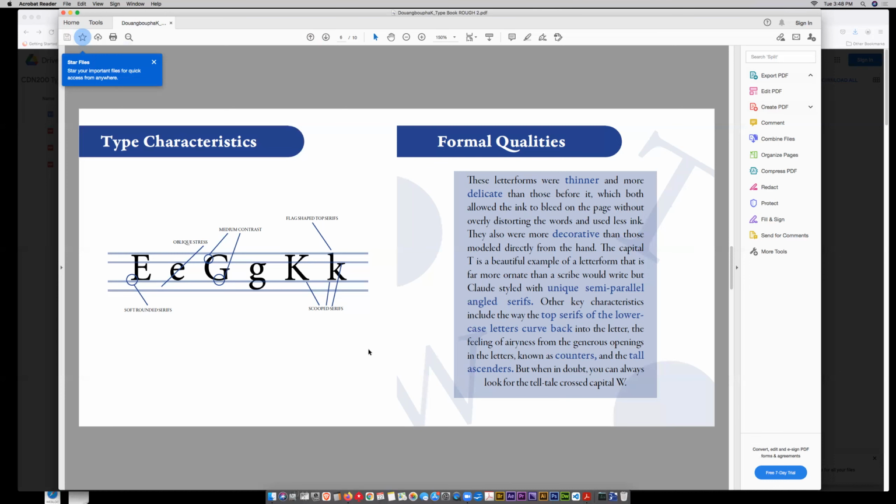Other key characteristics include the way the top serifs on the lowercase letters curve back into the letter, the feeling of airiness from the generous openings in the letters known as counters, and the tall ascenders. But when in doubt, you can always look for the telltale crossed capital W. That's usually the giveaway on this typeface.